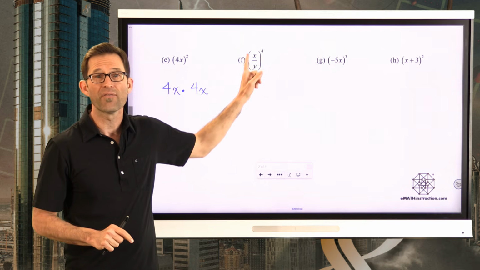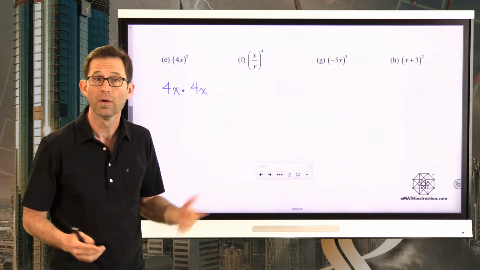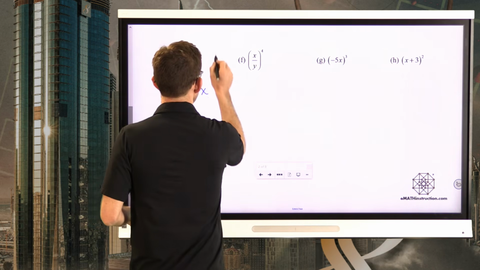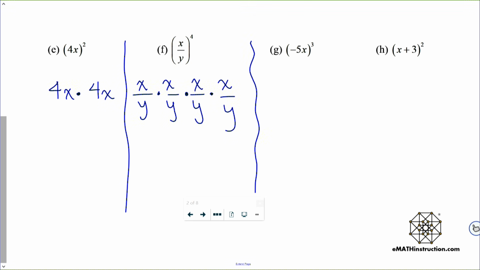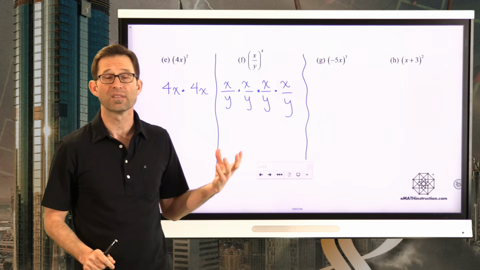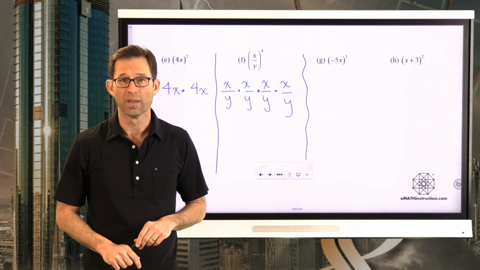And likewise, when we have x divided by y, or x over y, raised to the 4th power, all that's telling us is x divided by y times x divided by y times x divided by y times x divided by y. And again, your job right now is not to know what that's equal to in any way, but just simply to write out what that product means.